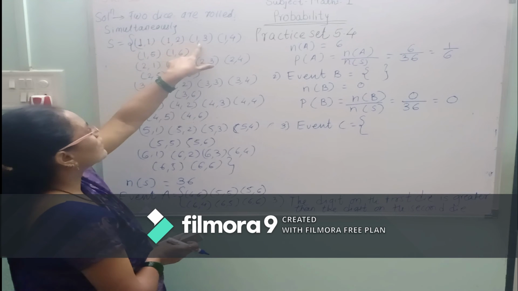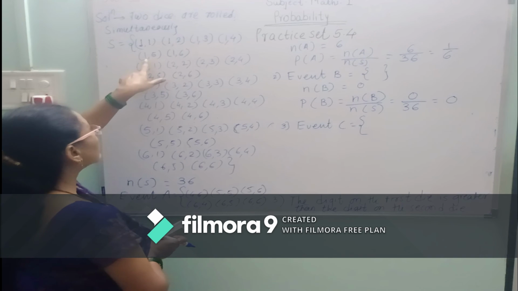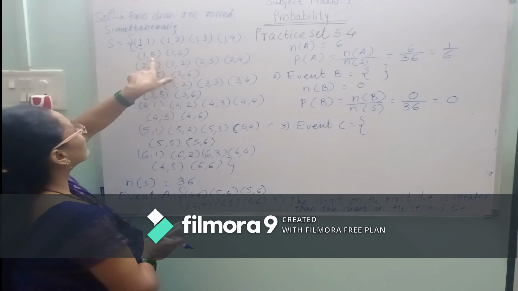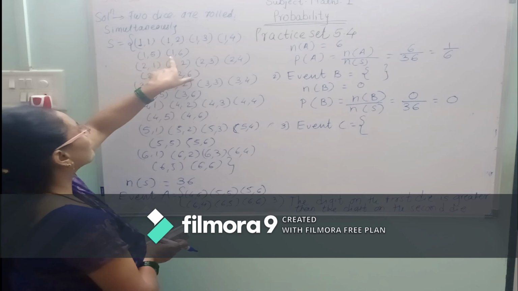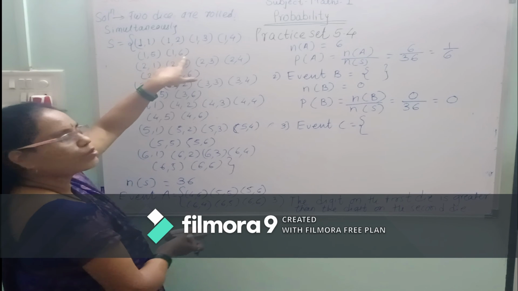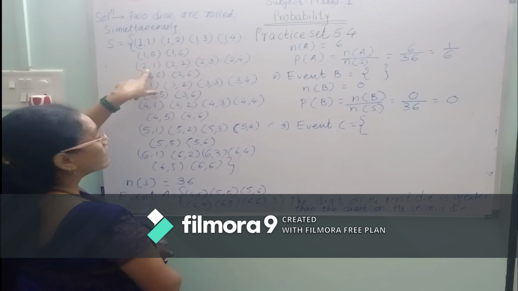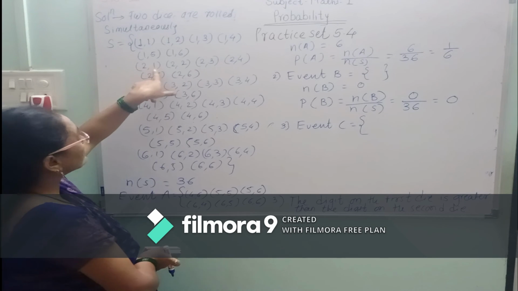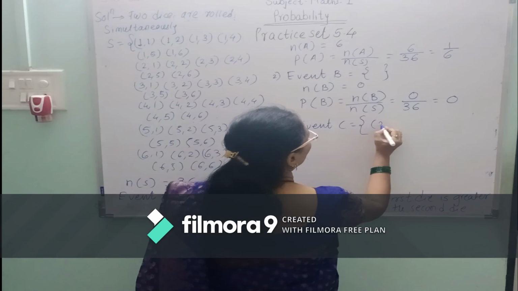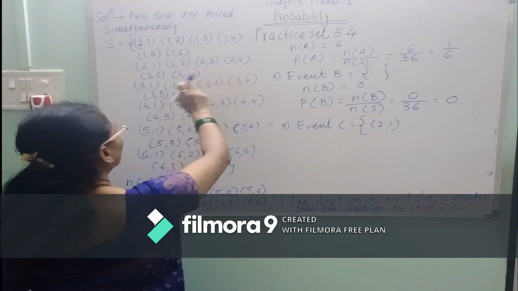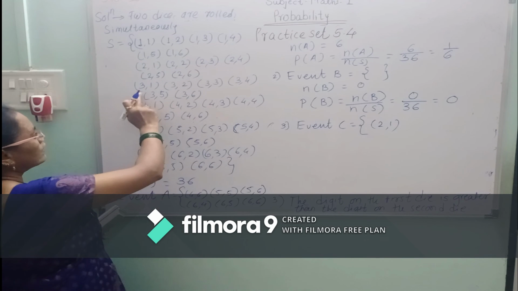For first die 1, second die 6, the first digit is not greater, so not here. Then (2, 1) works, since the first die is greater than the second. For 2, the pairs (2, 2) through (2, 6) do not work.